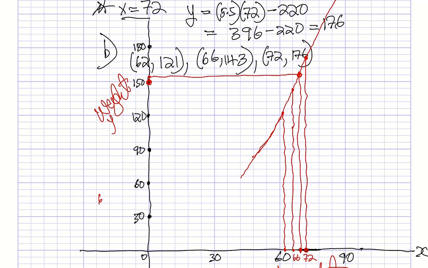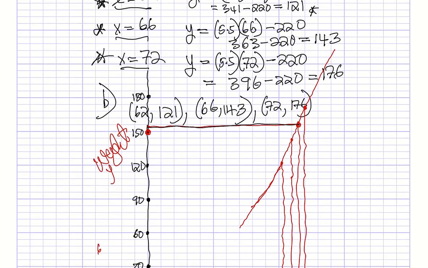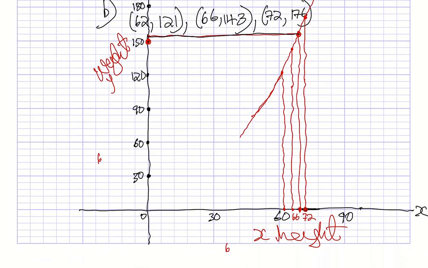So let me use a black ink. You trace it from 150, weight to 155. What is the height? You go down to the x-axis to get the height.